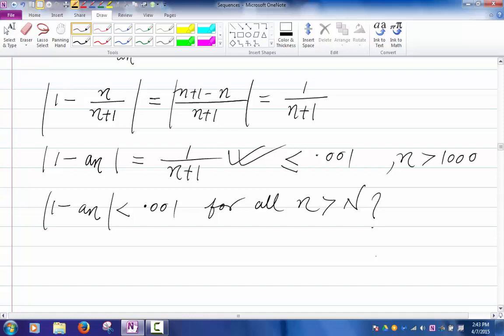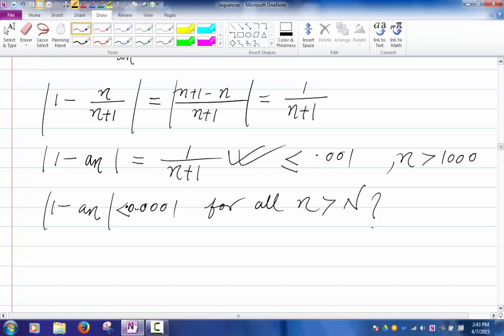So instead of 0.001, maybe one of you is more ambitious and says, well, I am going to write 0, 0, 0, dot, dot, dot, writing 0 for the rest of my life, every single second until I die. Can you make a_n within that small distance from 1?